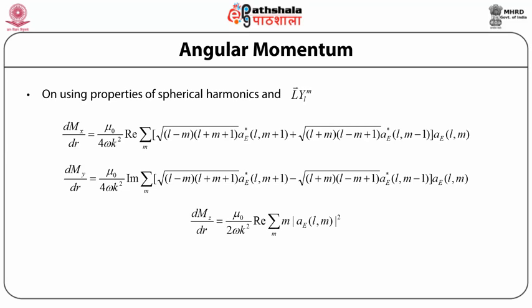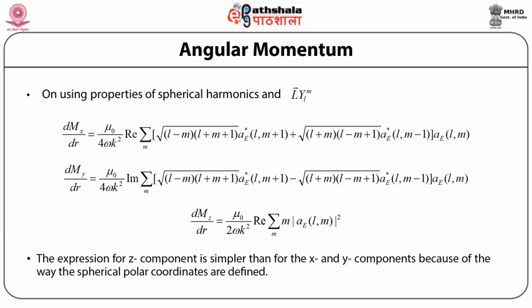And dMz by dr equals mu naught divided by 2 omega k square into the real part of summation over m of m into the modulus of a_E lm square.